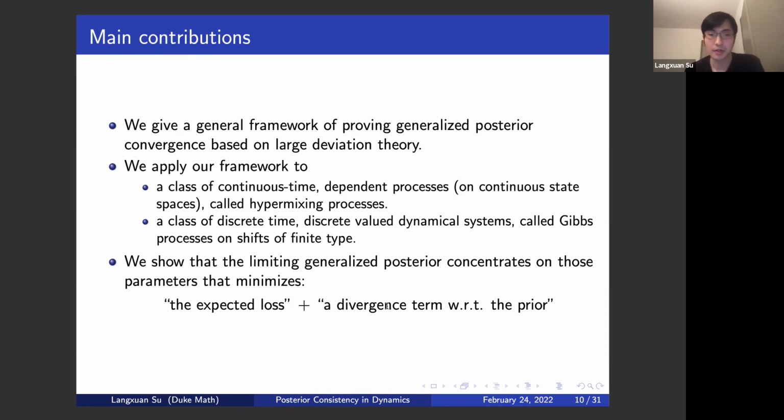This gives you an interpretation of the limiting generalized posterior in a way that makes sense. It converges to something that is good in the sense that it minimizes some expected loss and some divergence. We will make this precise later on.